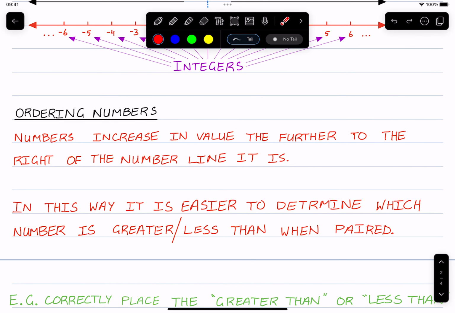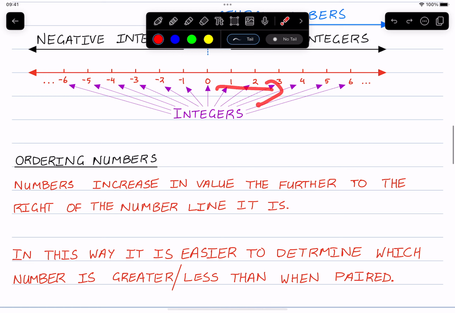One of the things that we'd like to look at now is ordering numbers, including the negative whole numbers. Numbers increase in value the further to the right of the number line it is, as we saw earlier. If we go further right, it is bigger. Further left, it is less than.